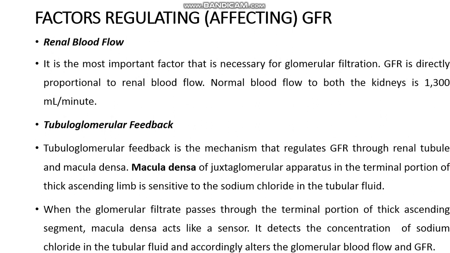It is the most important factor necessary for glomerular filtration. GFR is directly proportional to the renal blood flow. Normal blood flow to both kidneys is 1300 ml per minute, which is about 26% of the cardiac output.